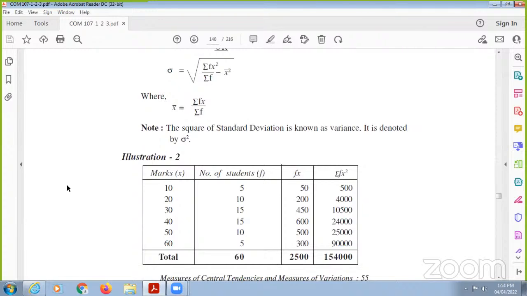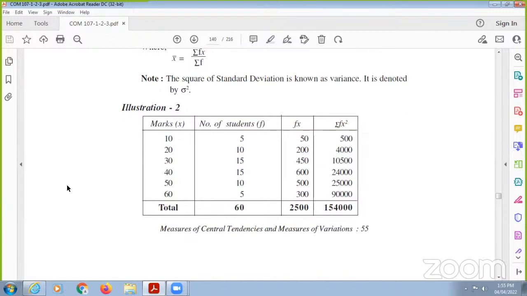That means 50 into 10, 500; then 200 multiplied by 20, 4,000; then 450 multiplied by 30, 13,500; then 600 multiplied by 40, 24,000; 500 multiplied by 50, 25,000; and 300 multiplied by 60, 18,000. The total of this last column is 154,000, and the total of the fourth column is 2,500 also.